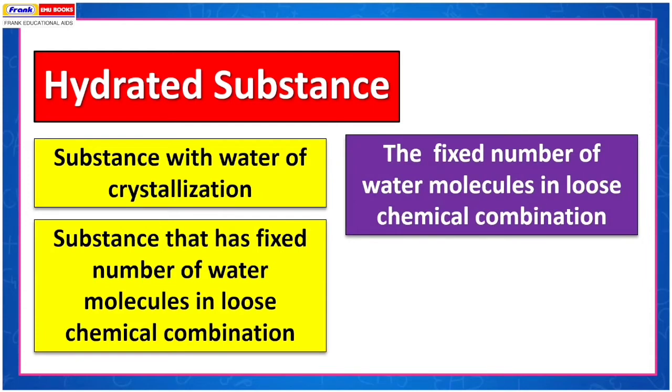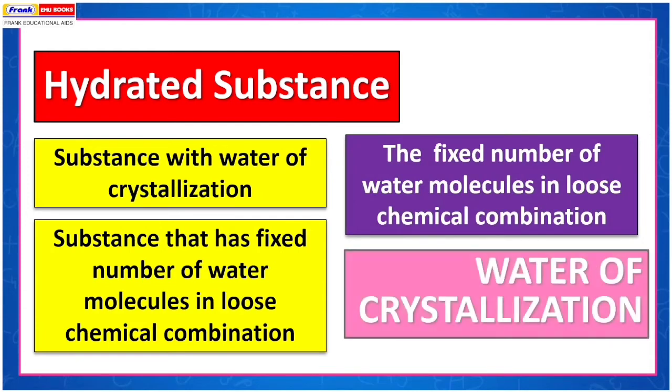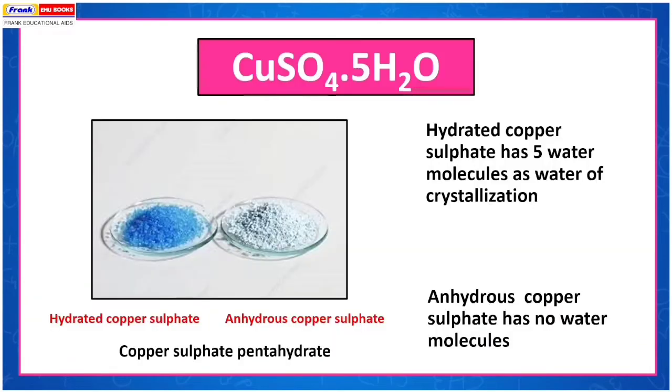The fixed number of water molecules in loose chemical combination is called water of crystallization. Hydrated copper sulfate or copper sulfate pentahydrate has 5 water molecules as water of crystallization and is generally blue in color. Anhydrous copper sulfate has no water molecules and is white in color.